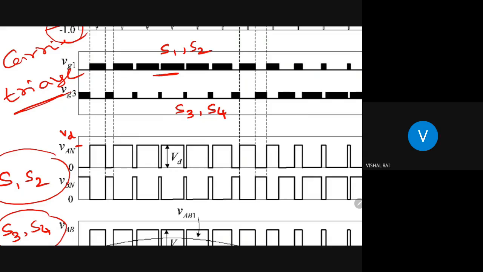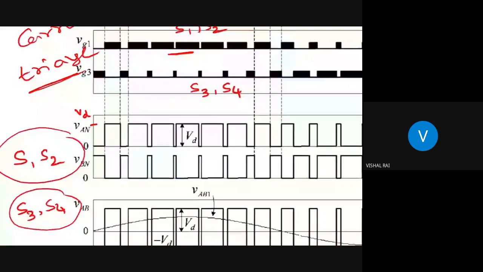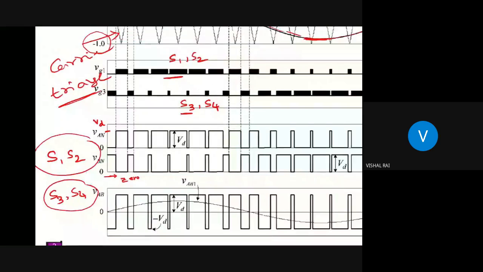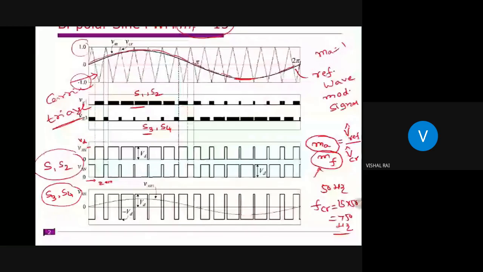Similarly, when S2 is on, that means S3 is off. At the same time, what is the voltage here? It is 0. So VAN and VBN are complementary, therefore you will get the complementary output voltage between VAN and VBN.